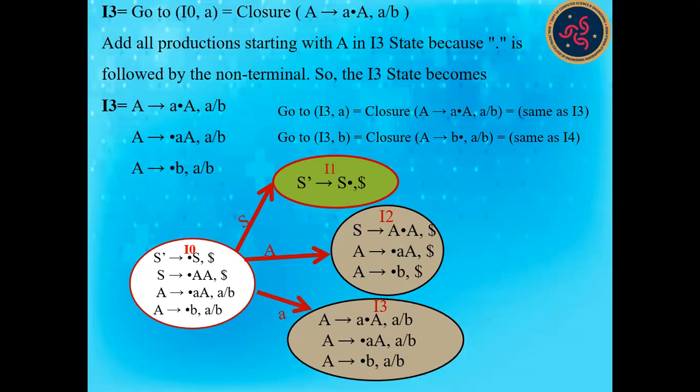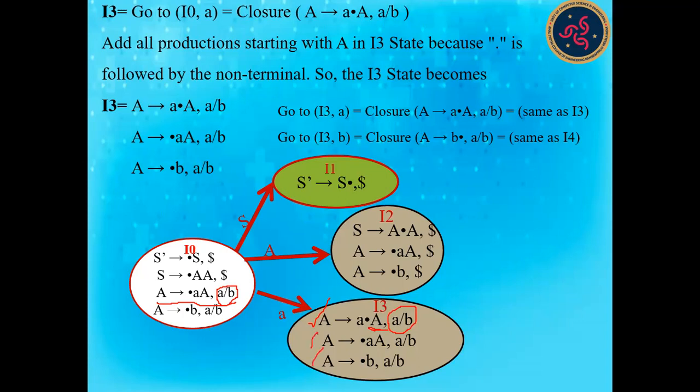These productions have been taken directly here, and I have taken the look ahead symbol A or B. The look ahead won't change here, therefore A or B is written here. I have applied a closure for this A, therefore these two A productions are added.